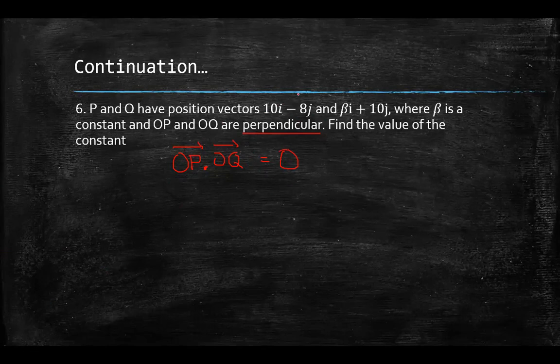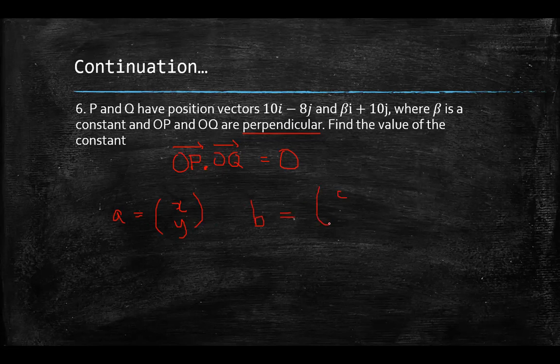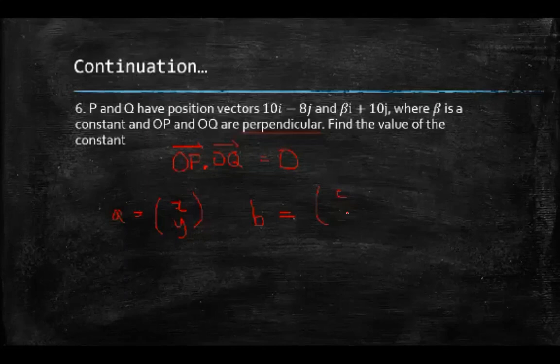And we said to find the dot product of two vectors, okay, let me just write this out. This is what I have on the PowerPoint, right? If I have a vector a that's defined by this column vector here, the top number is the x component, the bottom is the y, and I have another vector b. Let's just say the x component is c and the y is d.